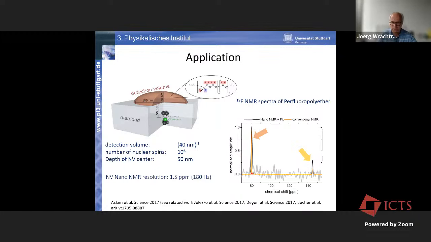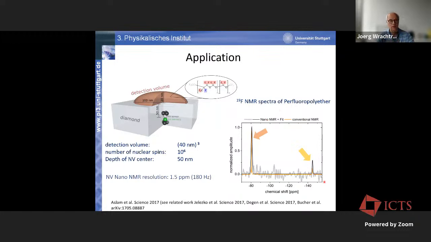And that's what you see here. So this frequency axis here is on the order of 500 hertz. And you see the two lines. The line width is on the order of 200 hertz or so, or 180 hertz, and you can see them well separated. If you would not use this quantum memory trick, our spectral resolution would be a kilohertz, and we only would see one big line.